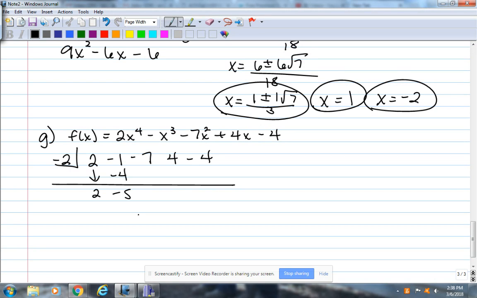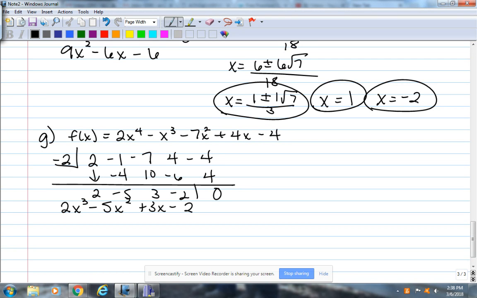Add and get -5. -2 times -5 is +10. Add and get 3. -2 times 3 is -6. Add and get -2. -2 times -2 is +4. Add and get 0. So that one's 2x to the third, I go down 1 degree, minus 5x squared plus 3x minus 2.